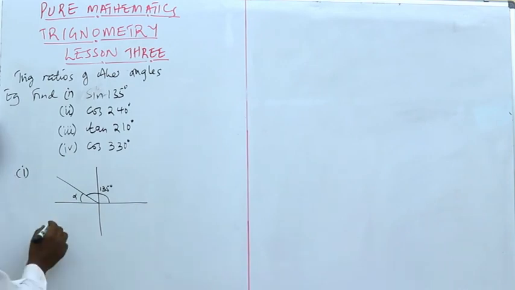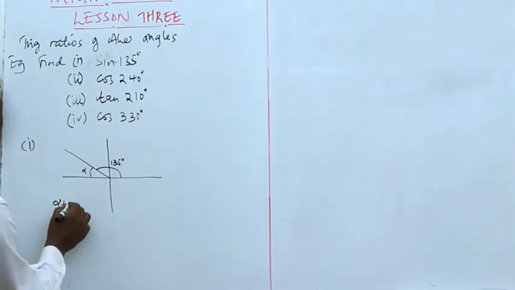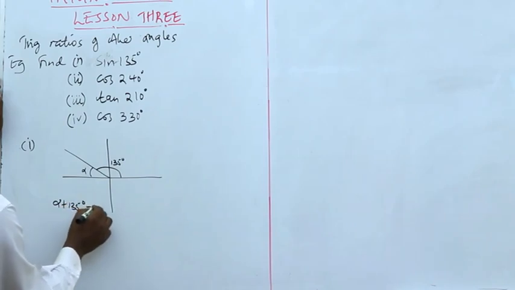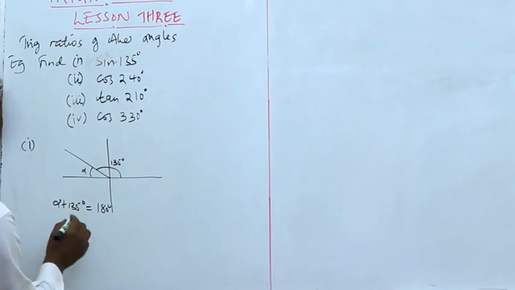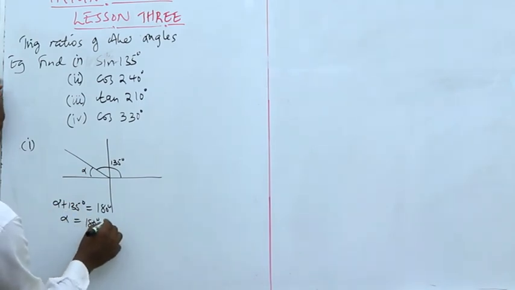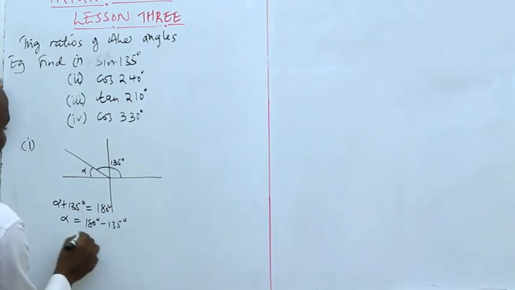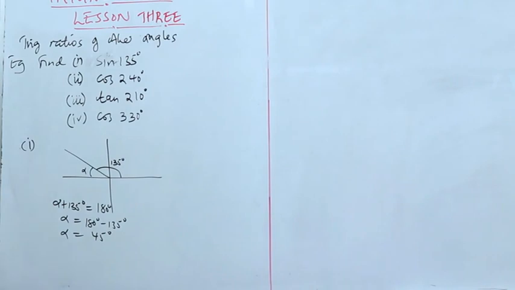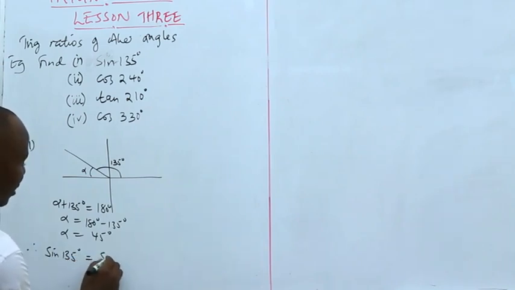If I add alpha and 135, I get 180. So alpha is equal to 180 minus 135, which is 45 degrees. Therefore, the sine of 135 degrees is the same as the sine of 45 degrees.